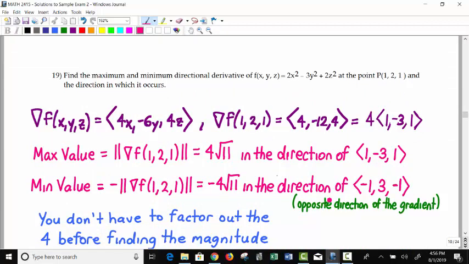Now the maximum and minimum value of the directional derivative at a point: the maximum value will be the magnitude of the gradient at that point, and the minimum value will be the negative magnitude of the gradient at that point.